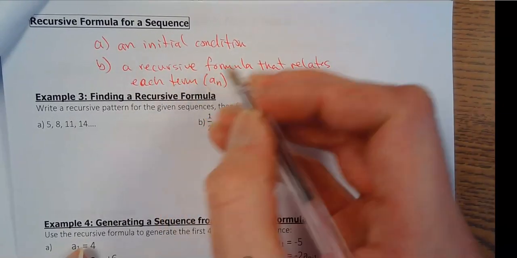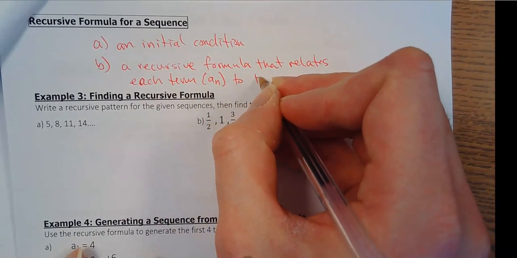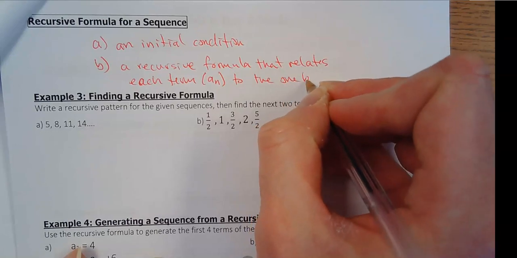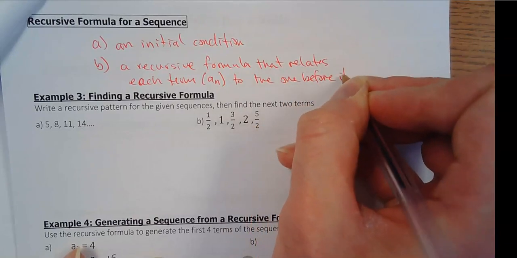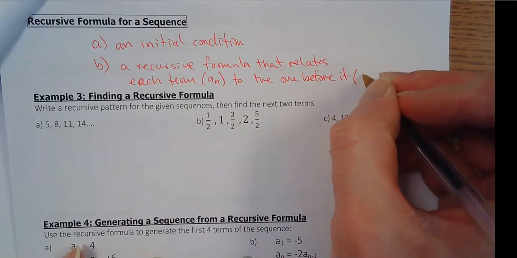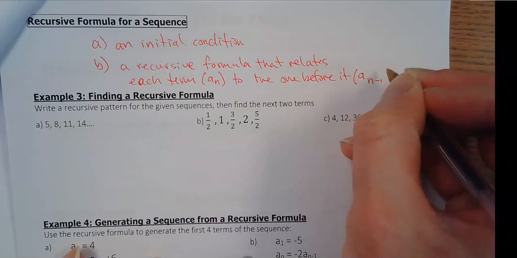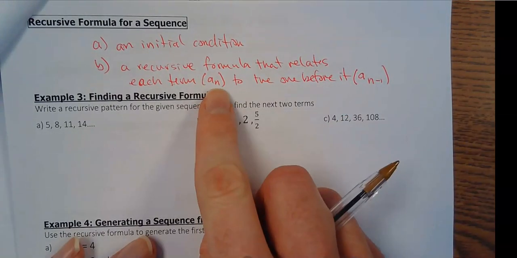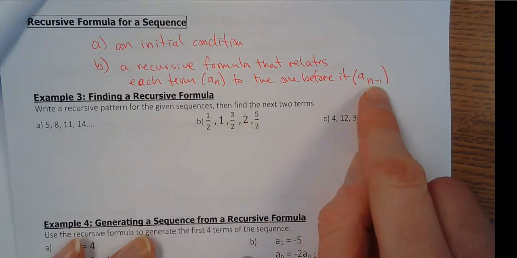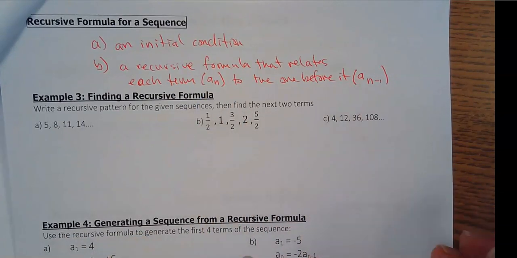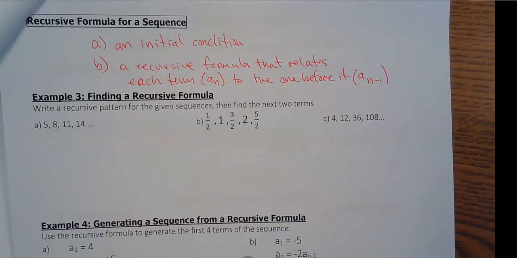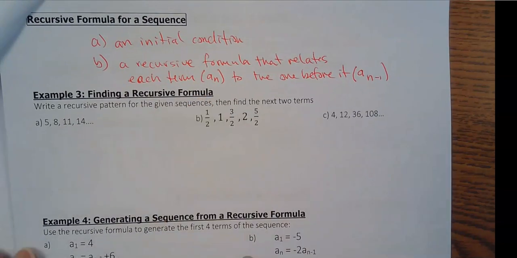So that relates each term to the one before it, which the one before it then would be a sub n minus 1. So whatever number, if this was a sub 5, the 5th term, 5 minus 1 is 4, so a sub 4 would be the one before it. Okay, so just n minus 1 just means the one previous to the a sub n.